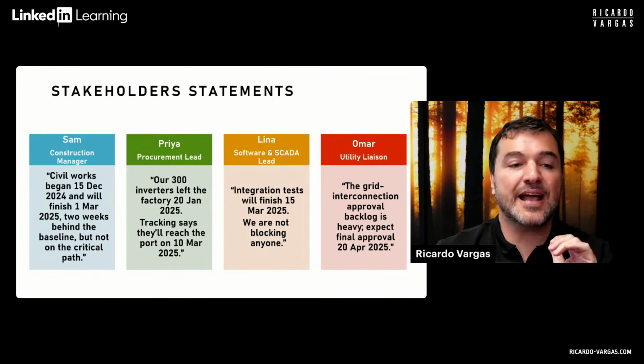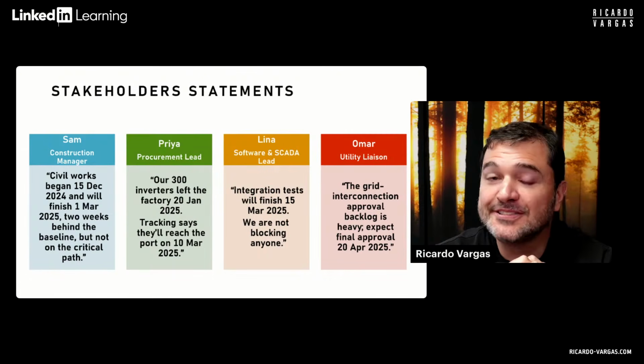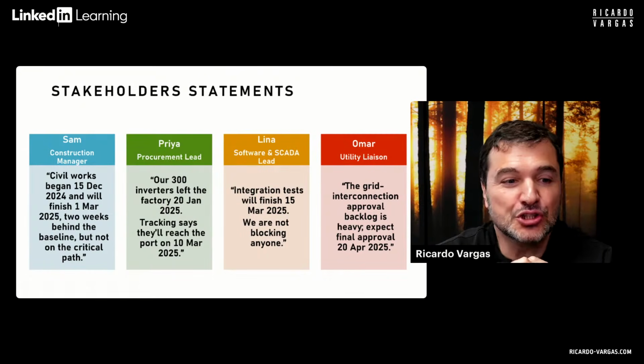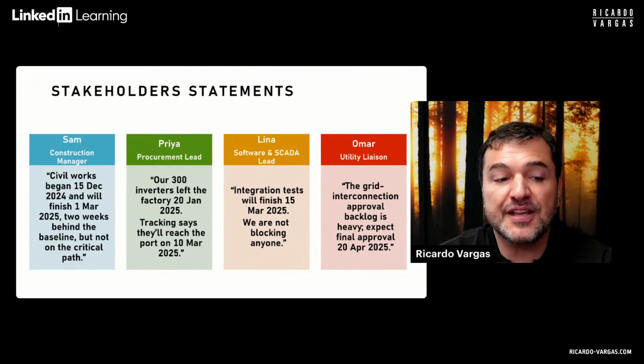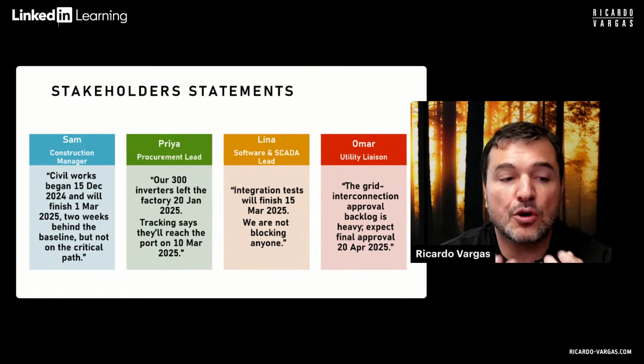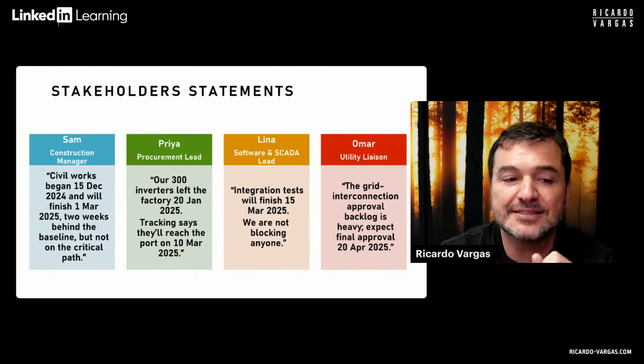Then what happened? I know it's so common. I have 4 stakeholders with 4 different perspectives. Sam, the construction manager, said that civil works began on 15th of December and will finish on 1st of March, 2 weeks behind the baseline, but not on the critical path.